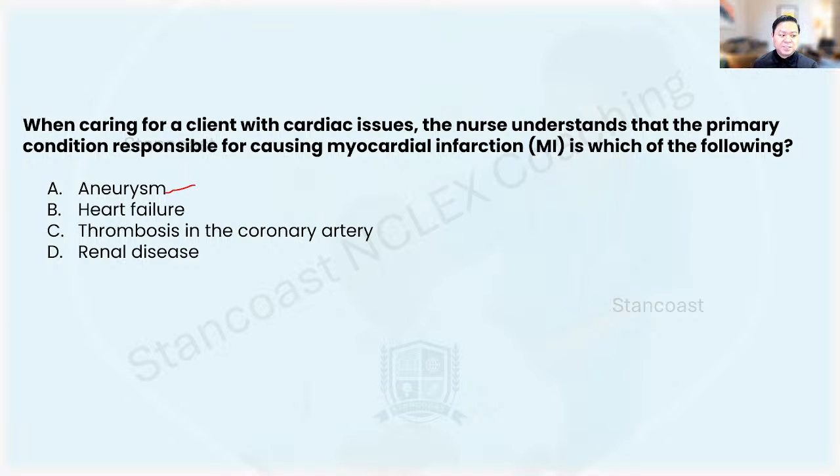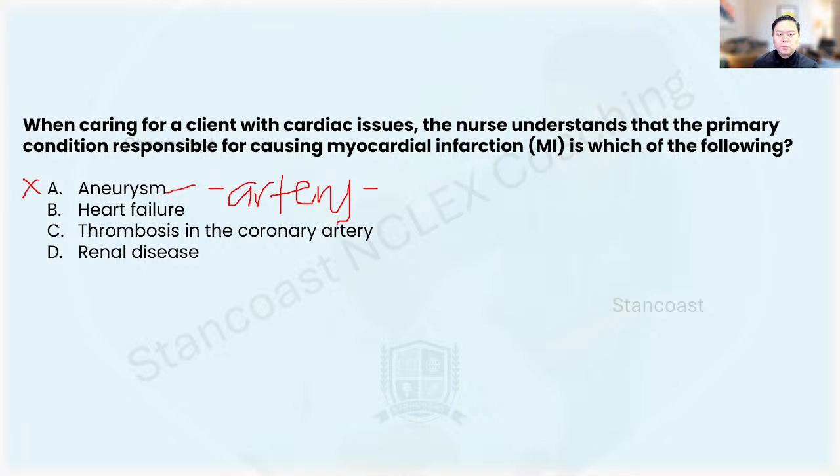And this is typically going to occur in an artery, okay? While aneurysms can lead to complications, maybe a rupture or maybe thrombosis, they do not directly cause the MI. And so, again, this is not going to be our answer this time. We're going to eliminate aneurysm.